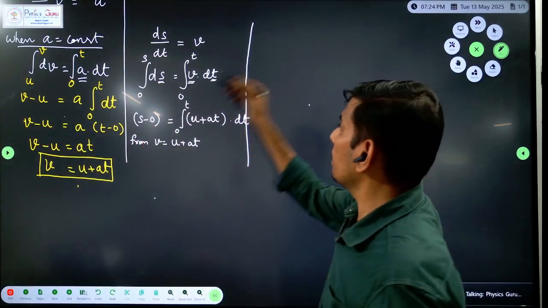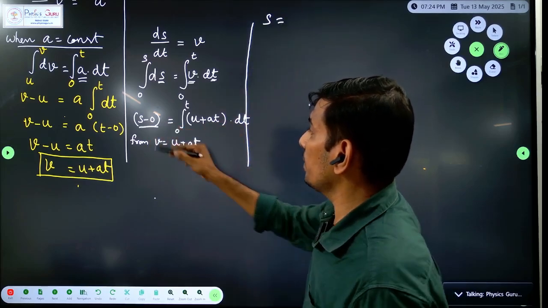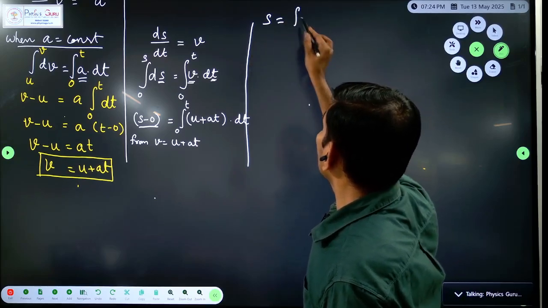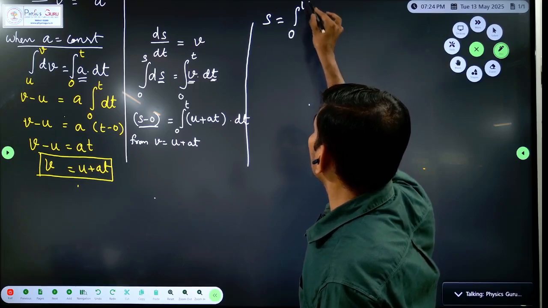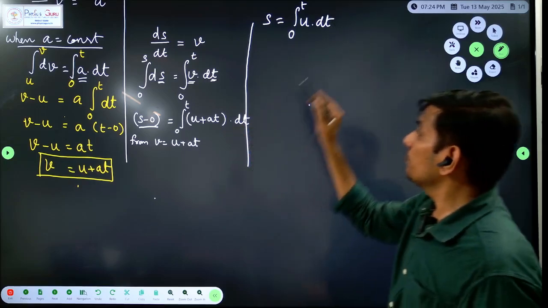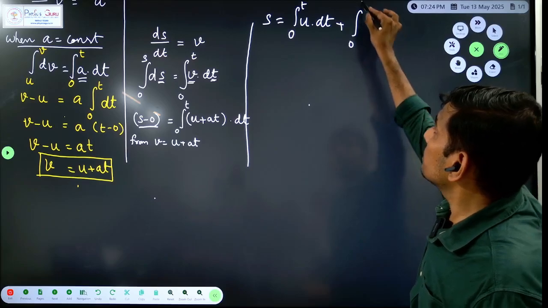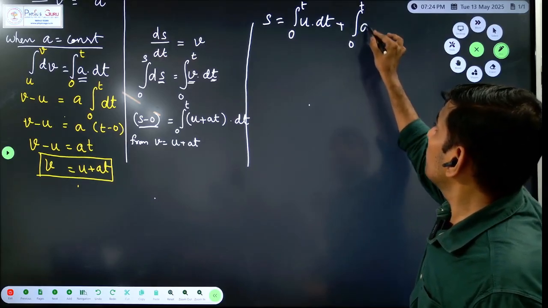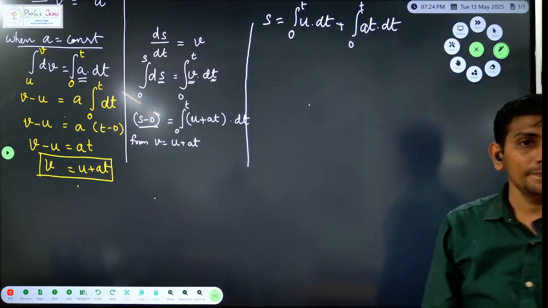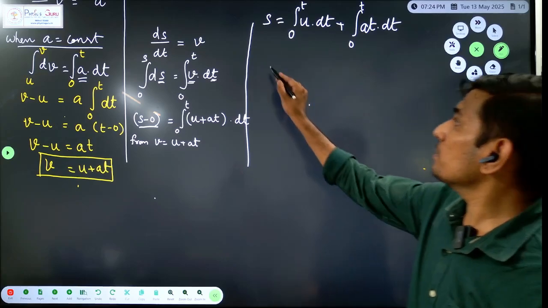So substitute this value here. S is equal to s minus 0, that is s, is equal to integral over 0 to t u dot dt plus integral over 0 to t at dot dt. Okay? So now what happens?